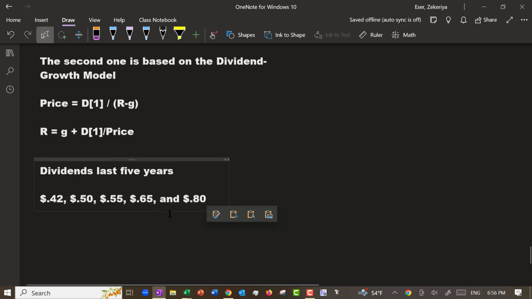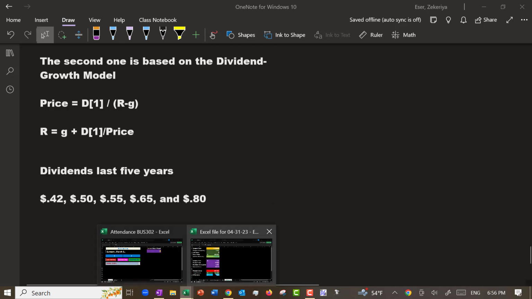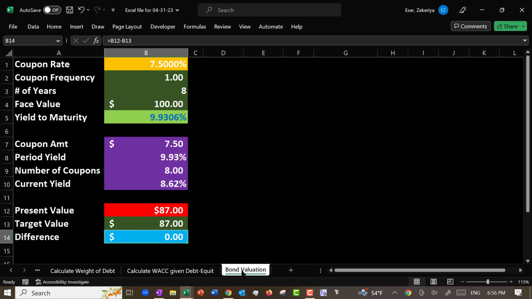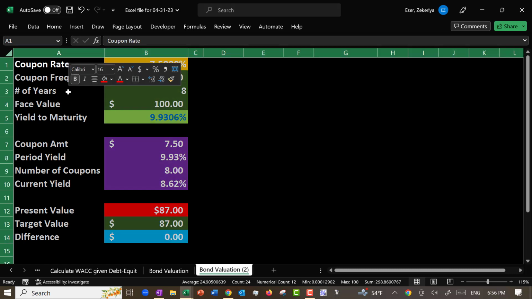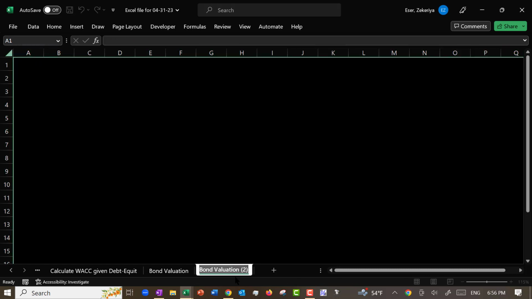So we'll figure out the average growth rate. Let's do this in Excel. I mean, we can do it by hand, but it's a lot easier here. Okay. Dividend 0, or let's do this. Year 0, 1. So -1, -2.